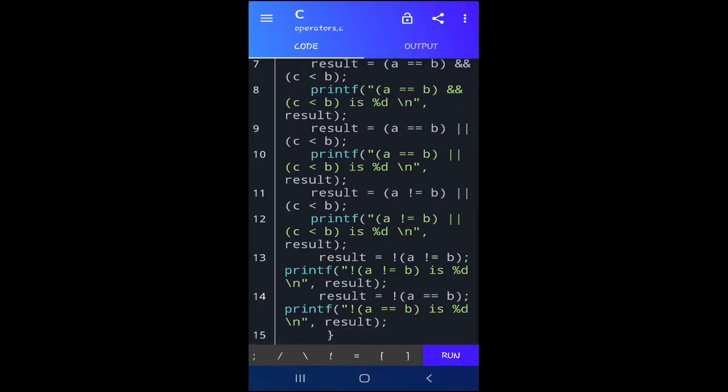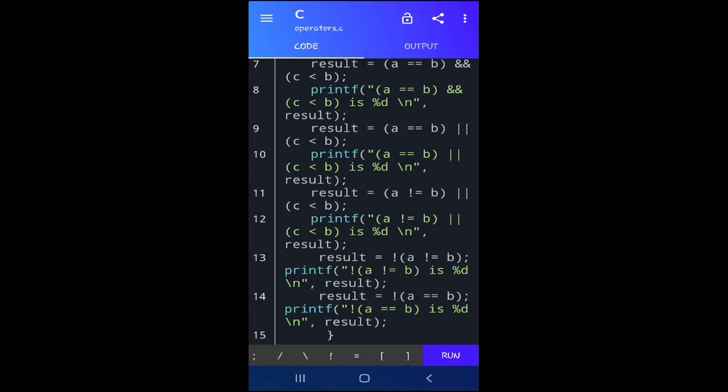Let's take the NOT operator. Look at the 14th line. The exclamation mark represents the NOT logical operator. Here, not a equals b, meaning they should not be equal, then it will give the result.